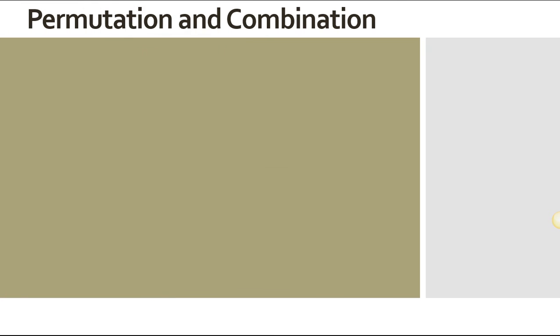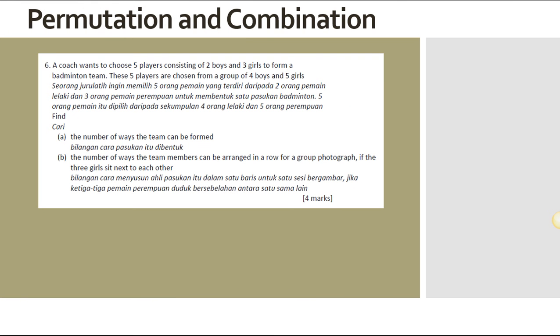Sixth question. A coach wants to choose 5 players consisting of 2 boys and 3 girls to form a badminton team. You are given 4 boys and 5 girls, but you need 5 players only, which must consist of 2 boys and 3 girls.